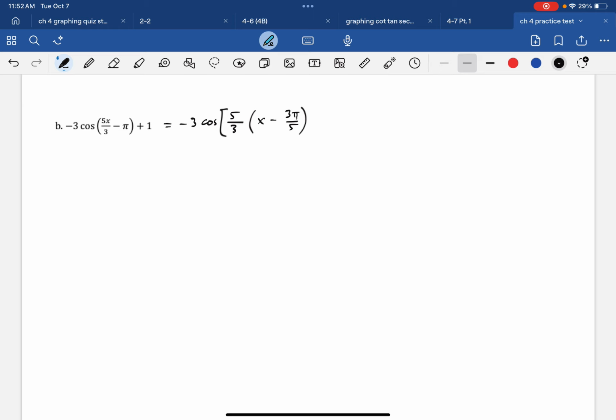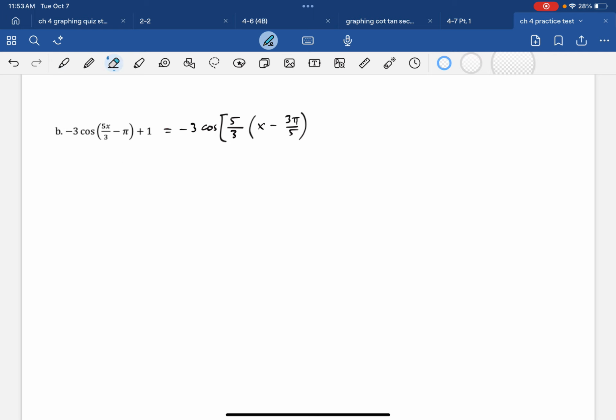If you're confused about how to factor, all I did was divide pi by 5/3, which gives me 3 pi over 5. And then finally plus 1 at the end. So this helps me correctly find the horizontal shift, which is 3 pi over 5.